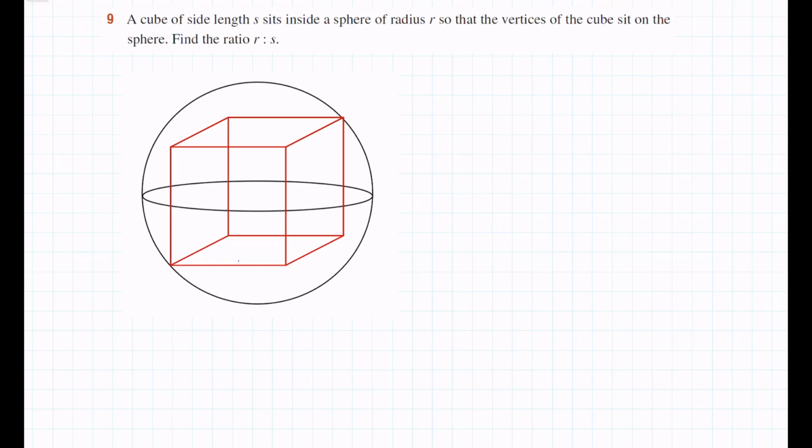And I think the key to unlocking this question is to imagine what we get if we connect the bottom corner of the cube to the opposite top corner. The line that results is effectively going from one side of the sphere to the opposite side of the sphere, and also one side of the cube to the opposite side of the cube.